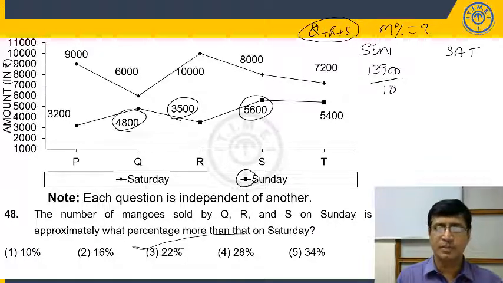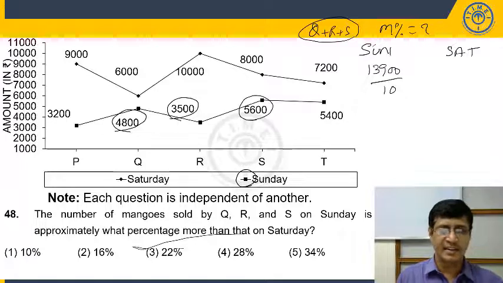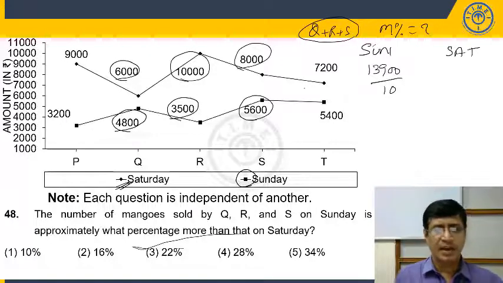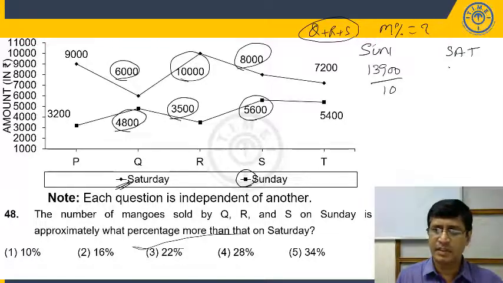It is 10 rupees. Whereas for the same three fruit sellers on Saturday, it is 6,000, 10,000, 8,000. 8 plus 6 it is 14,000 plus 10,000, now 24,000.